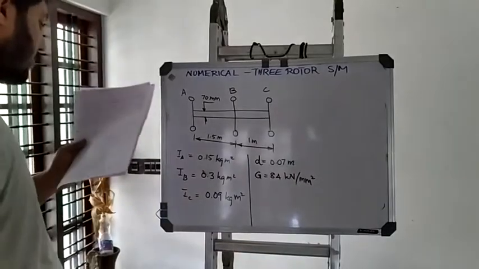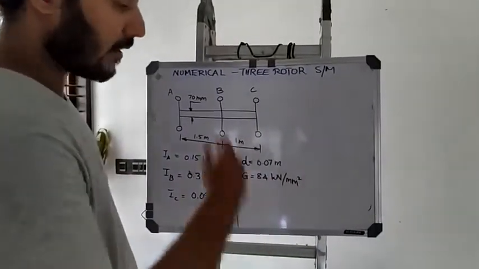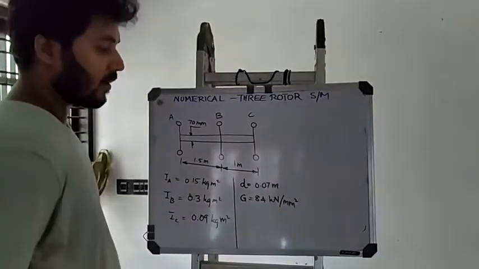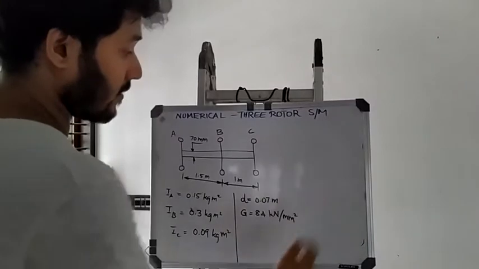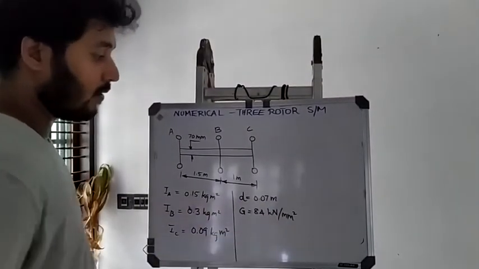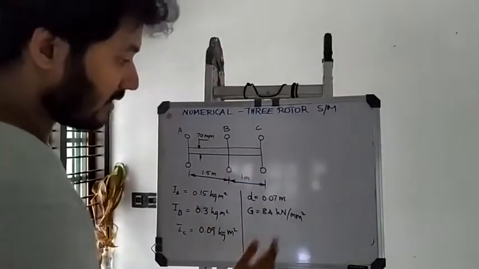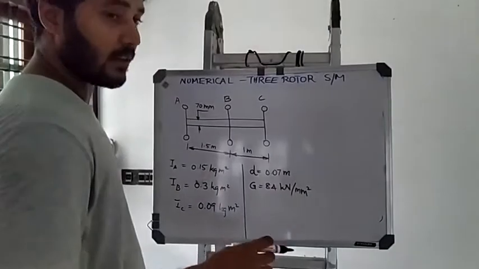We have to convert this into standard units. Kilonewton can be converted to Newton as 10 raised to 3. Now, millimeter square can be converted to meter square. Since it is in the denominator, that will be 10 raised to minus 6 meter square. When you bring that to the numerator, that will become 10 raised to 6.